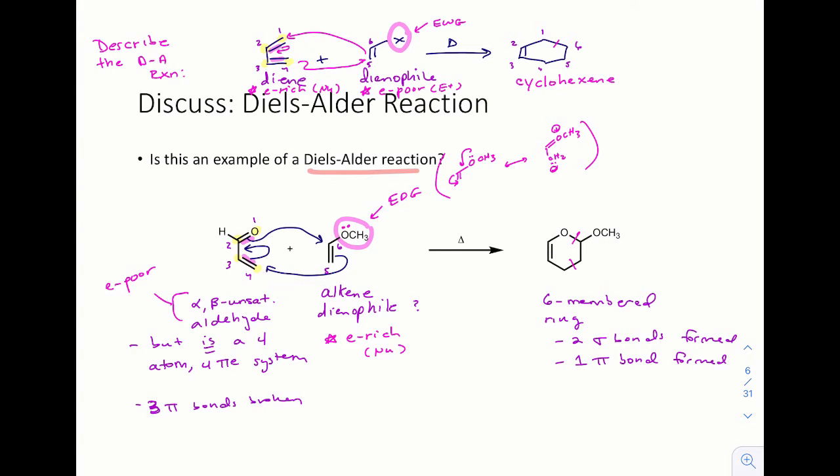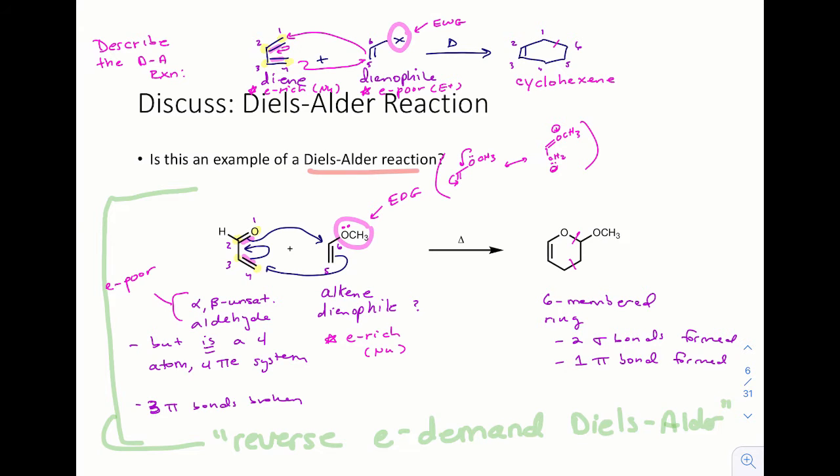We have a 4 pi electron piece coming together with a 2 pi electron piece in the same exact way as for the Diels-Alder. So in fact, this reaction is considered a Diels-Alder, but because the electronics are switched, the dienophile is electron rich rather than electron poor. This reaction is referred to as a reverse electron demand Diels-Alder, where the dienophile is electron rich instead of electron poor as in the prototypical Diels-Alder.